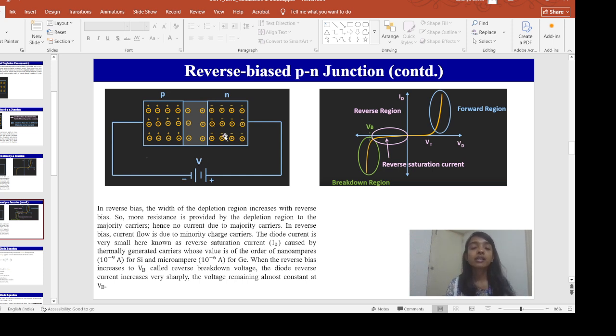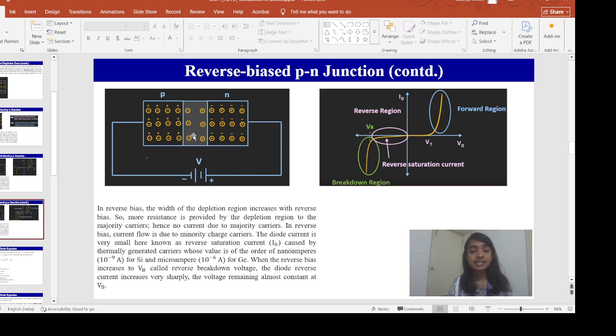We know in the N side we have holes present as the minority charge carriers. In the P side we have electrons present as the minority charge carriers. So those minority charge carriers will contribute a very small amount of current, and that current is known as the minority charge carrier current or reverse saturation current.